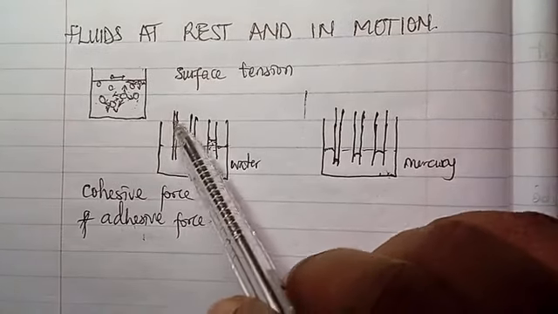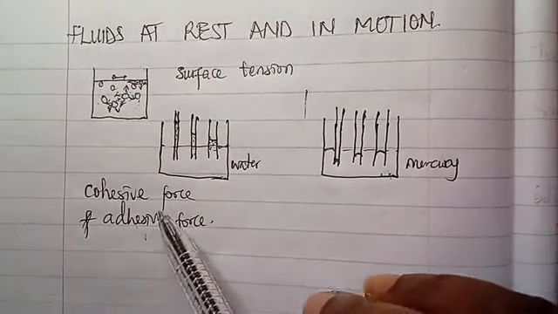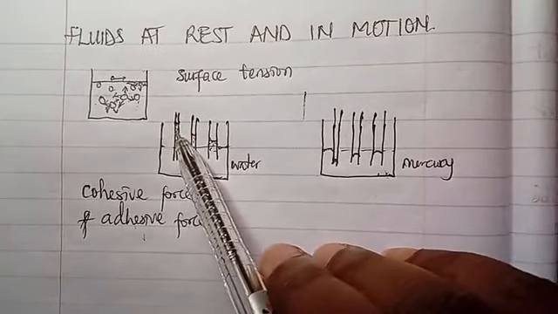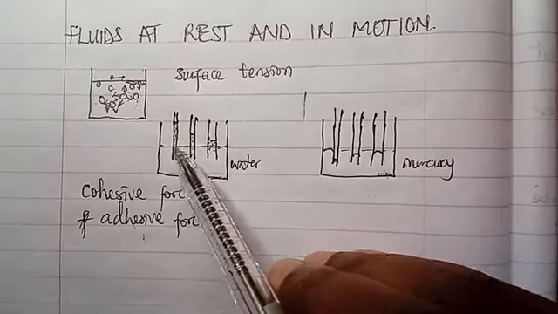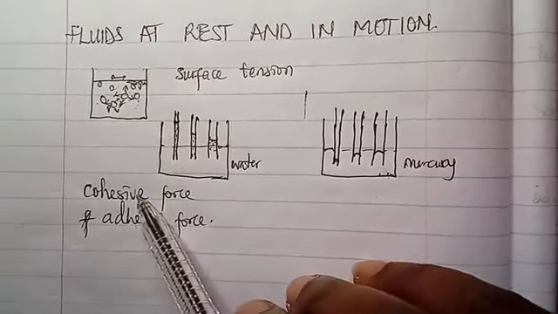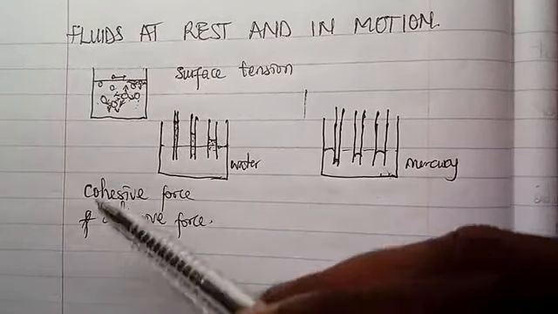Now, for water to rise in this glass tube, it means that the adhesive force between the molecules of water and the molecules of this glass tube is greater than the cohesive force among the molecules of water.